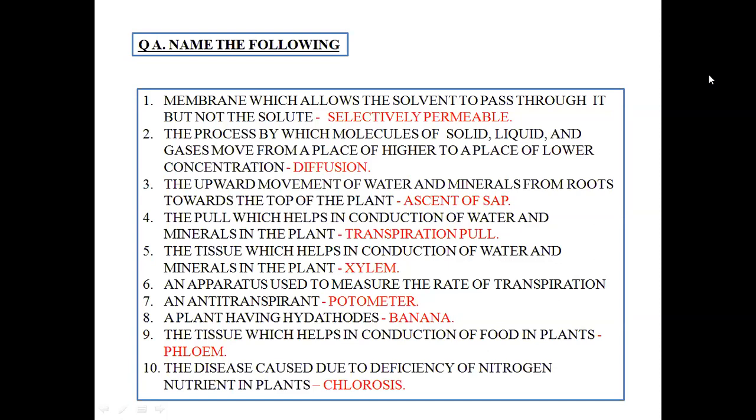Next is the pull which helps in conduction of water and minerals in the plants. This is known as transpiration pull. Now students, what happens is when transpiration occurs, a large amount of water is converted into water vapor, which is transpired out from the aerial parts of the plant.